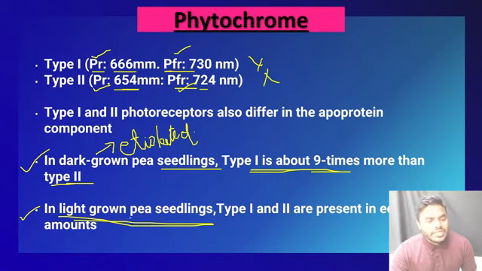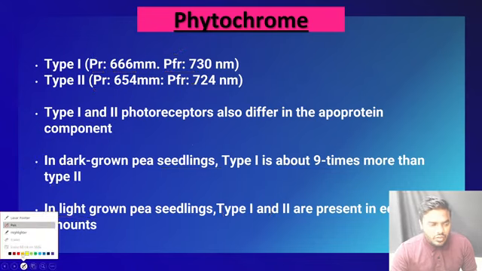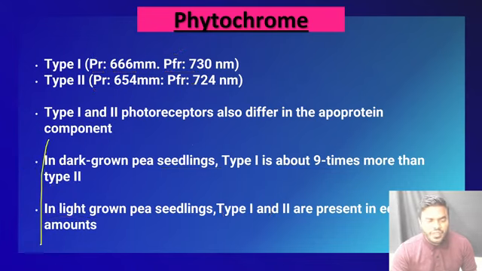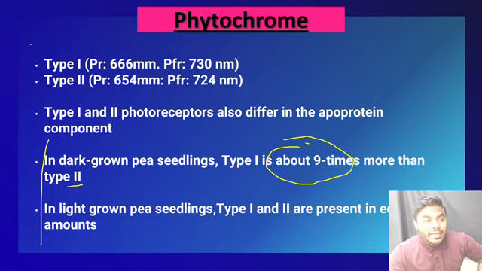In light grown seedlings, type 1 and type 2 are present in equal amounts. I want every student to remember these 2 points without fail. In dark grown or etiolated seedlings, type 2 cannot survive without light for a longer time, whereas type 1 can survive.